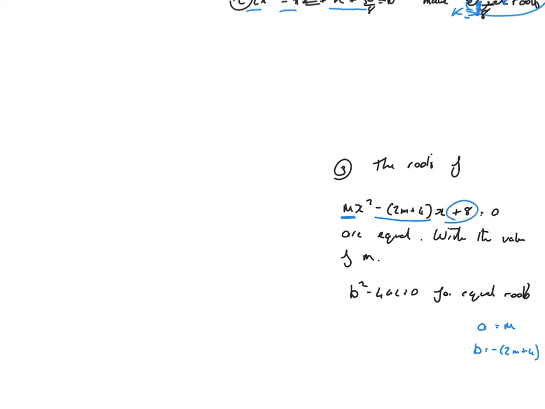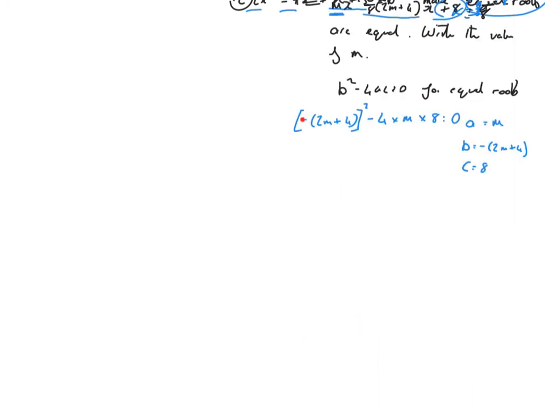And c is everything else, which is 8. Okay, let's start to put this in. So minus bracket 2m plus 4 squared minus 4 times a, which is m, times c, which is 8, is equal to 0.